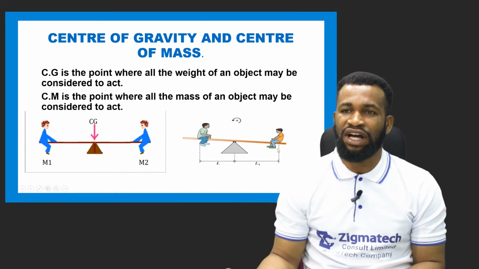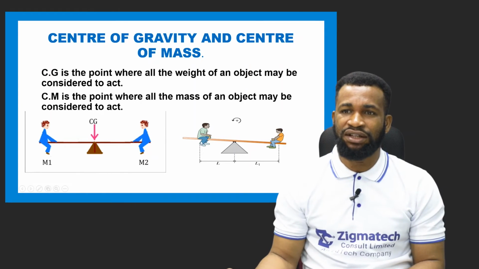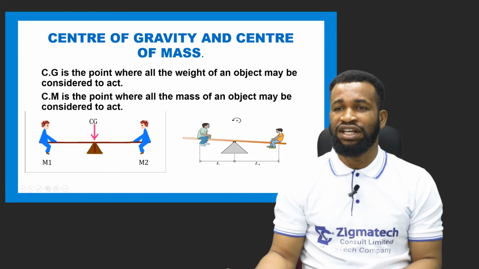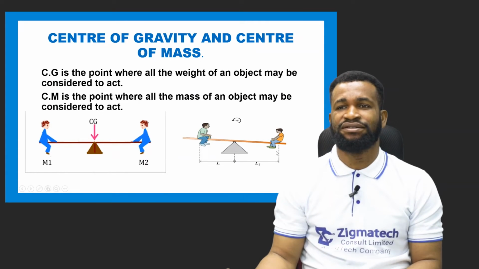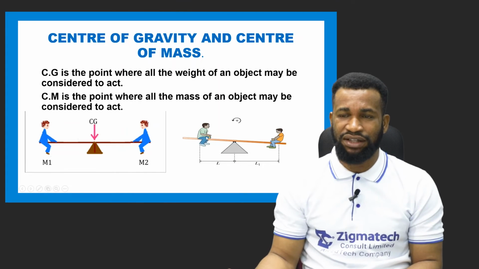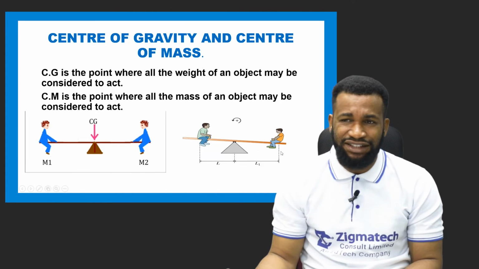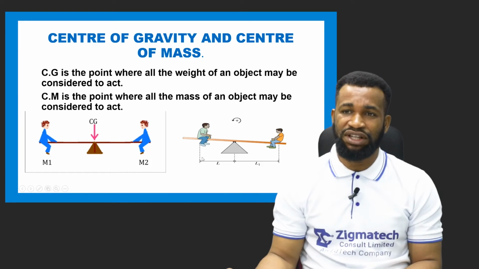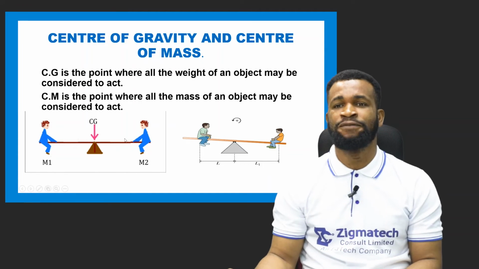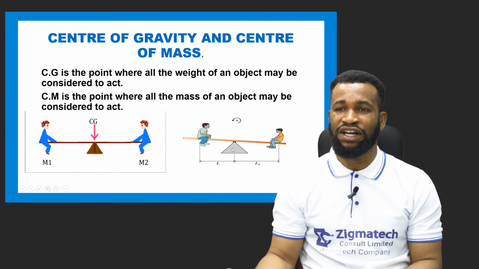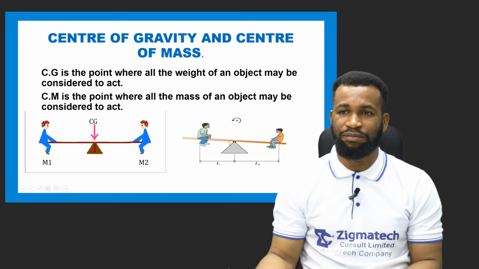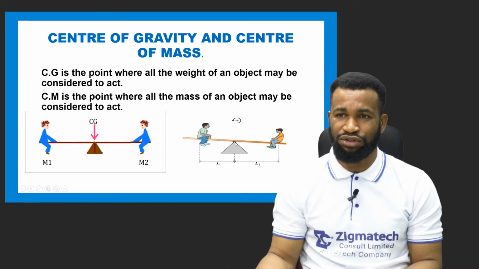Now, if you look at the two boys here, the one in yellow has more mass or more weight than this one, and that is why he slightly depressed it towards his end, while this one is rising above. So this one is not in equilibrium. The center of mass is not balanced. If I shift this knife edge or turning point or fulcrum a little to this place, I may be able to balance it because it is a function of the weight and the mass from the turning point.